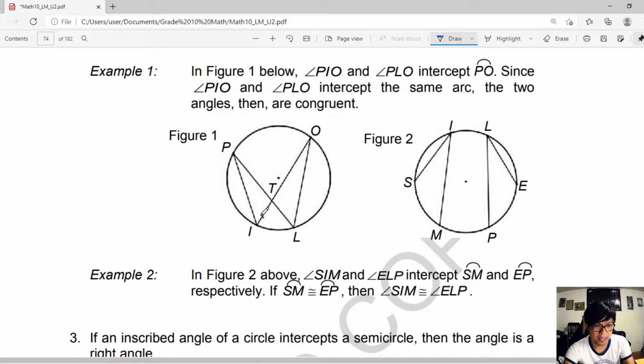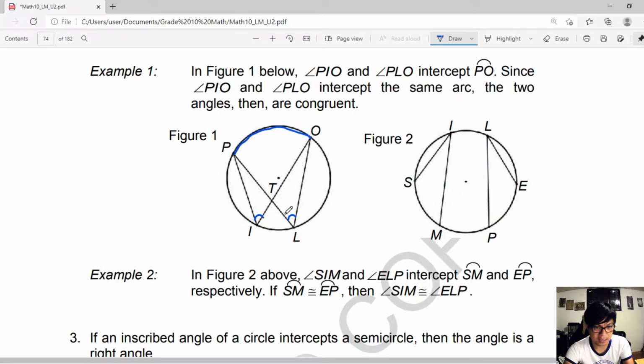Ito na inscribed na angle na PIO and another angle PLO, they intercept arc PO. Since angle PIO and PLO intercept the same arc, the two angles then they are congruent.